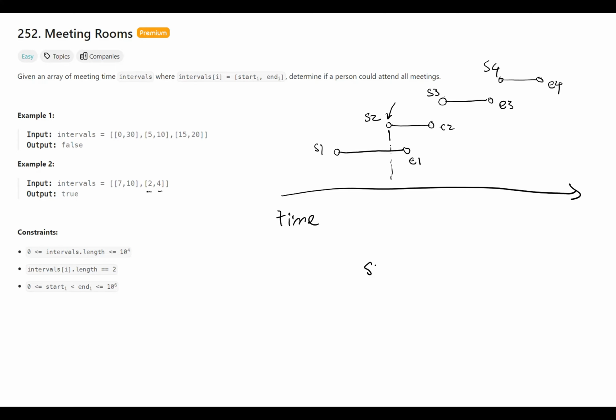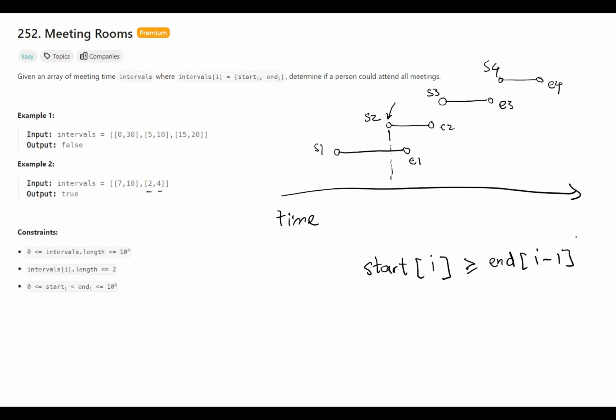So the start time for any meeting, say meeting i, after sorting the meetings based on the start time, must be greater than or equal to the end time for meeting i minus 1, the end time of the previous meeting, right?